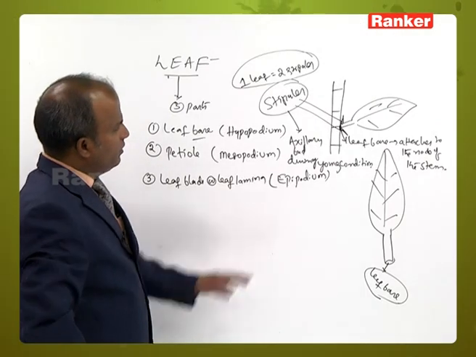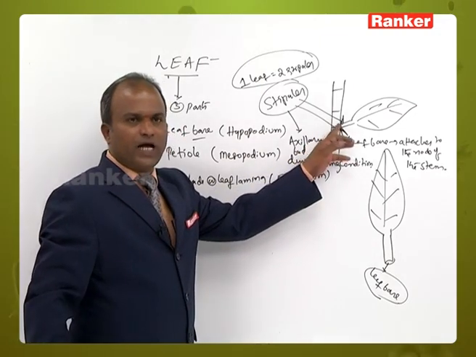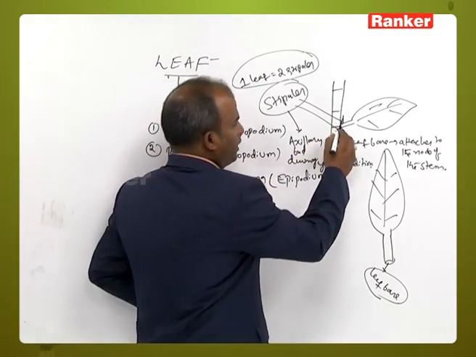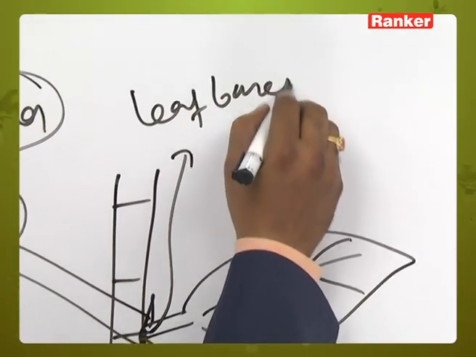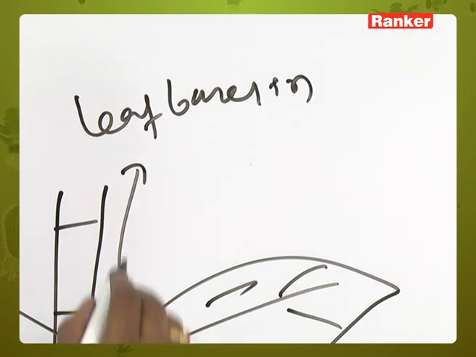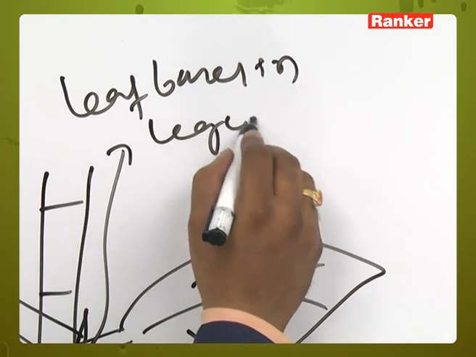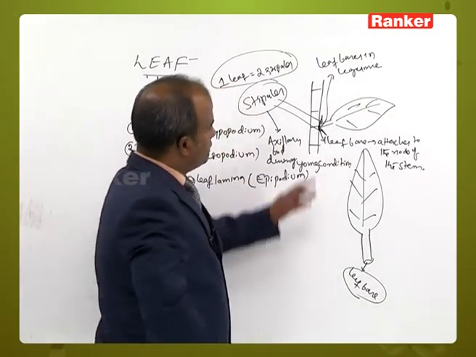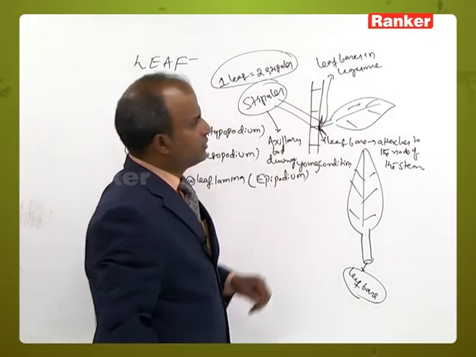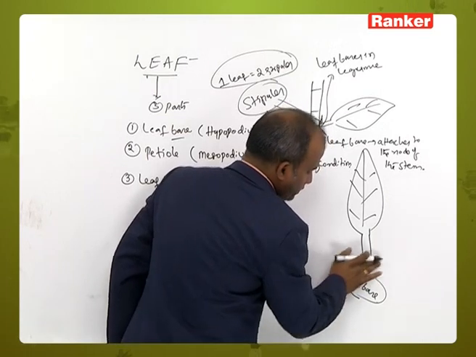Whereas the leaf bases in the Leguminosae family, in legume plants, show pulvinous leaf bases.